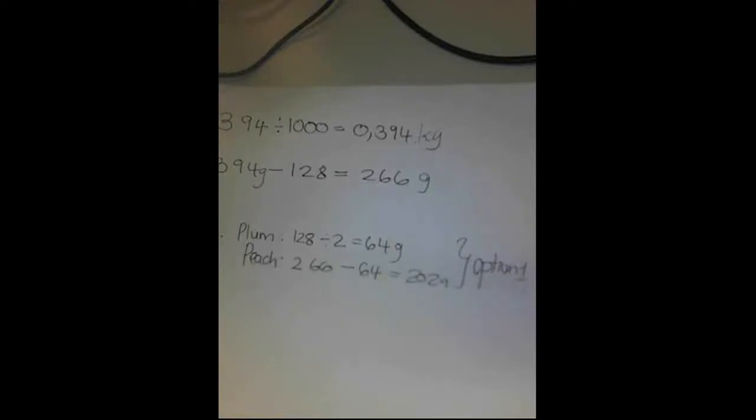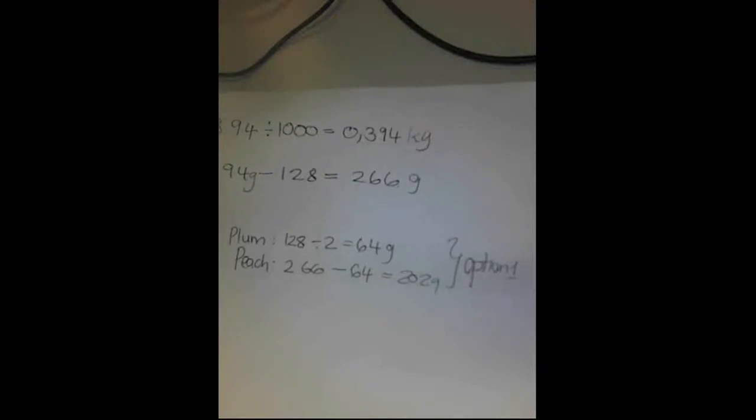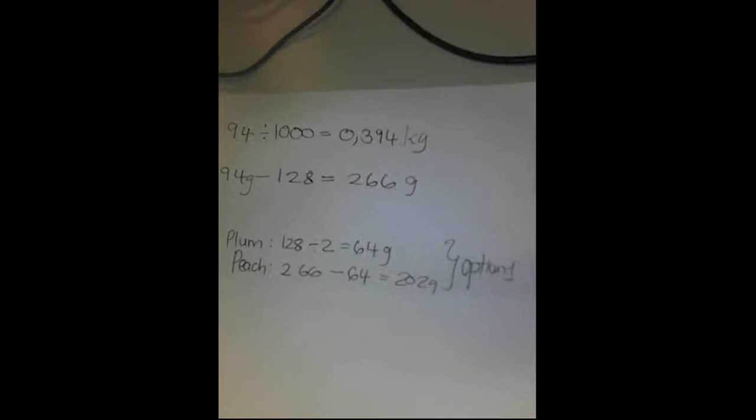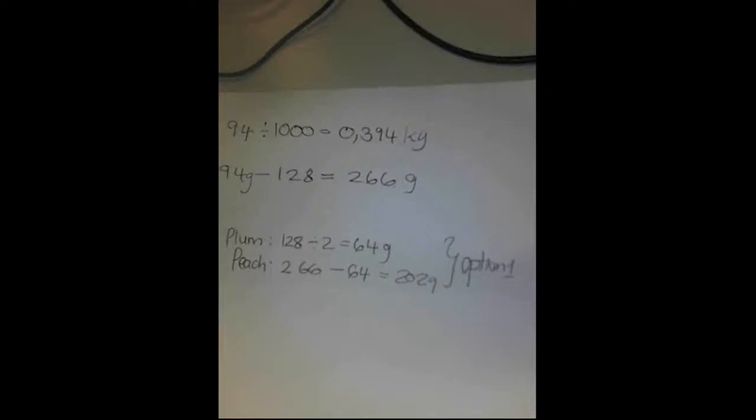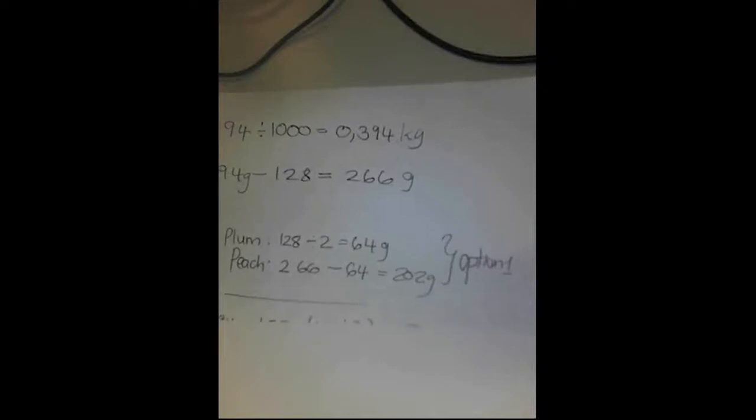Then my peach will be 266 grams minus the 64 grams, which gives me the answer of 202 grams. So I'm showing with this first option how the 202 grams was calculated.